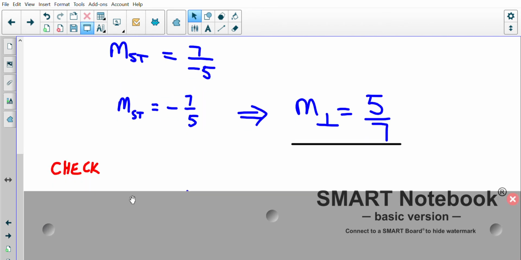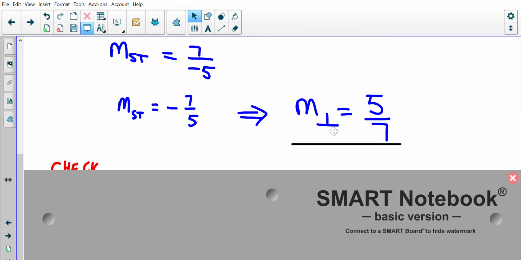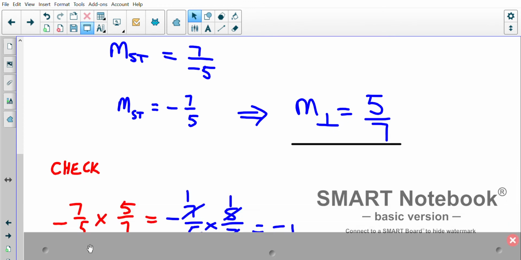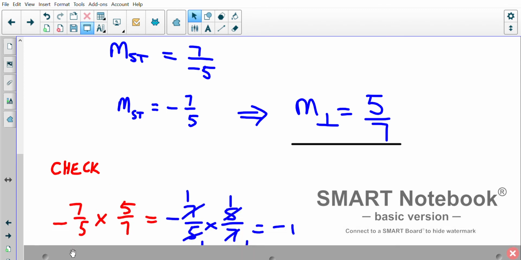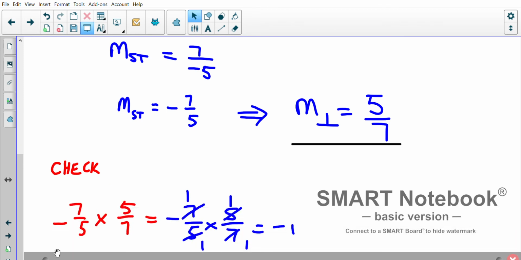So the perpendicular line is going to have a gradient of 5/7. Now we can double check it. It's one of the areas where we can double check, because if it's true, when we multiply these two gradients together, we should get -1. And of course, if you follow that process through, -7/5 times 5/7, with all the cancelling out that goes on, you end up with an answer of -1. So you know you're correct.